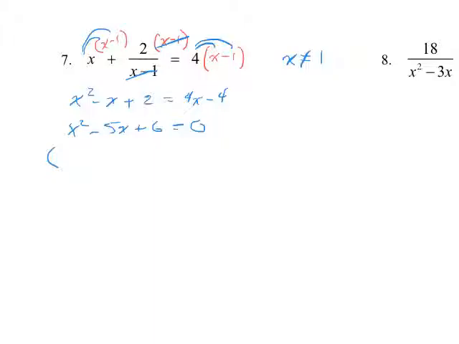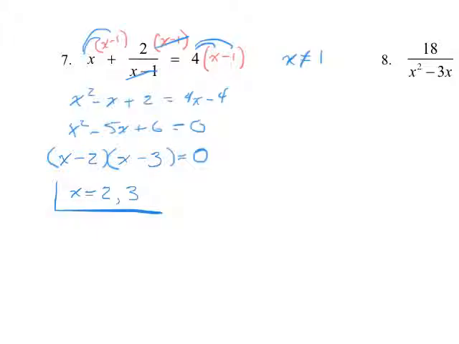Factoring this, I'm looking for two numbers that will multiply to give me this positive 6, and will add to give me a negative 5. So we have x minus 2 and x minus 3. Setting each of those factors to 0, we get x equals 2 or 3. So we have two solutions. Neither of them are extraneous. So we move on to question number 8.